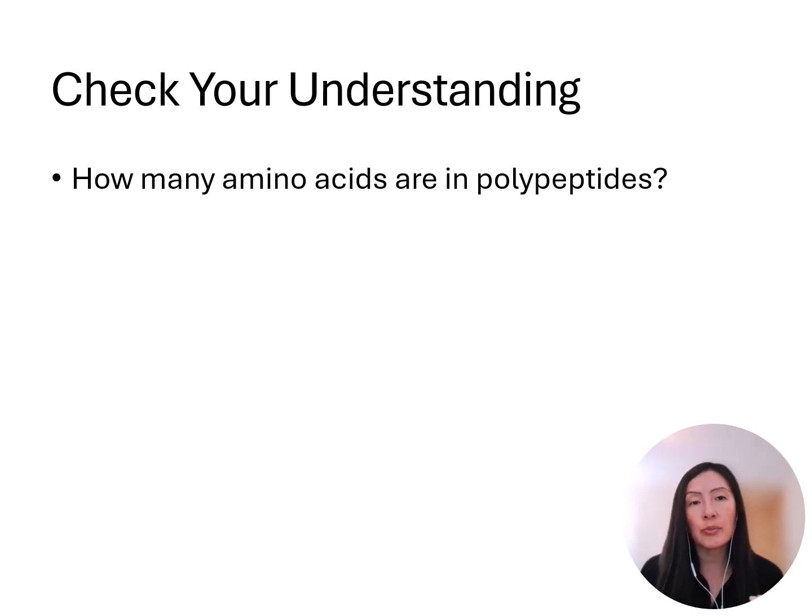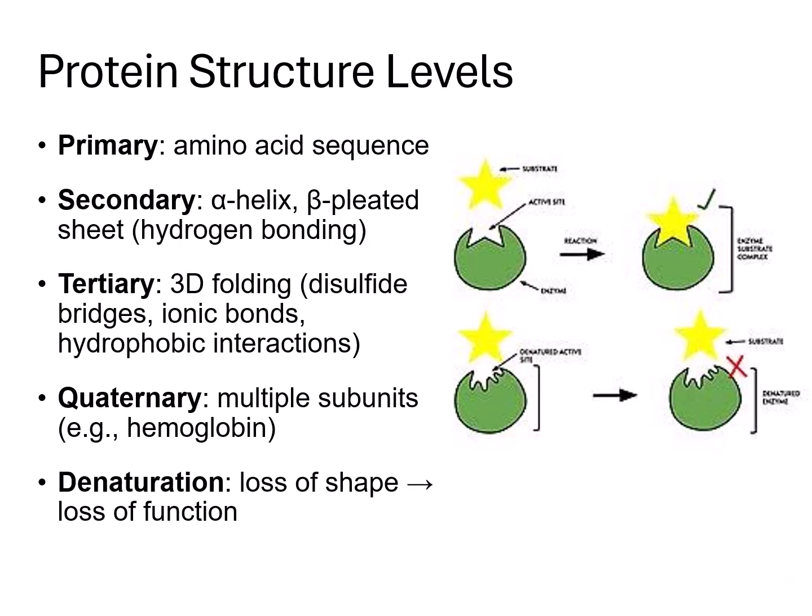When we use the term protein, this is going to be 1 or more polypeptides together, folded into some kind of functional 3-dimensional shape. The size or length and specific amino acid sequence of a protein are major determinants of its shape, and the shape of a protein is critical to its function. If you don't have the right shape for a protein, the substrate won't be able to bind and generate the reaction that is supposed to happen.